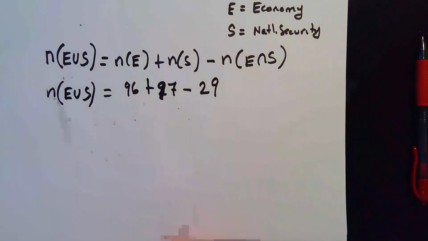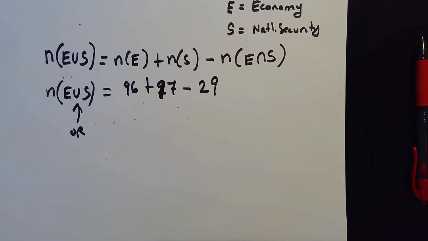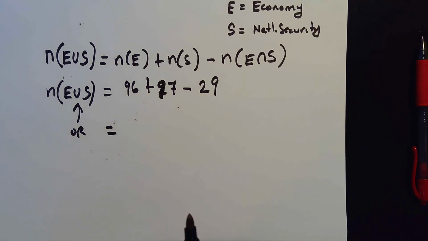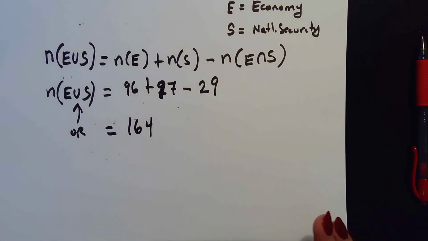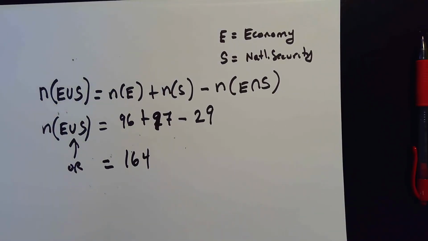You're going to get how many people thought that the economy or national security was a top issue, and you do the math and you're going to get 164 people thought that the economy or the national security, so either one, right, is a top issue.